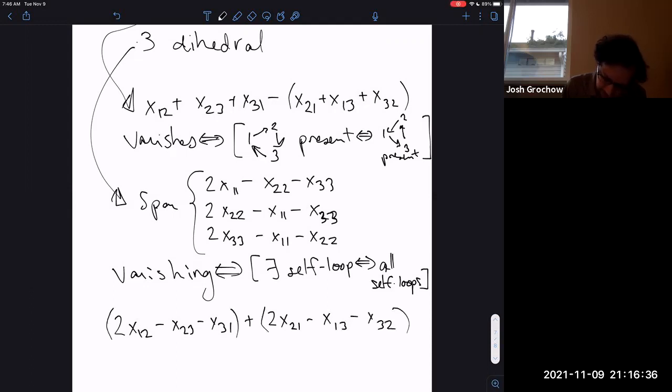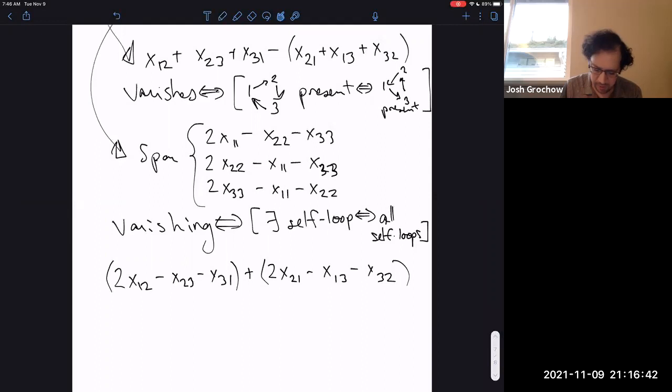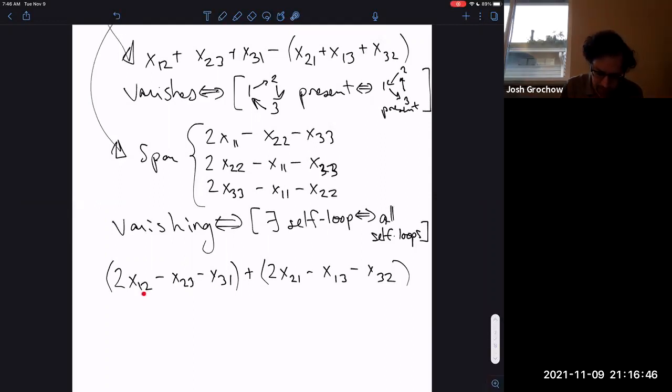It's generated by this, and then you hit it with all permutations. One thing to notice is that these three indices are oriented coherently in a cycle, 1 to 2 to 3 to 1, and these are the opposite cycle. If I swap 1 and 2, I swap these cycles, and if I permute within a cycle, I stay within a cycle.